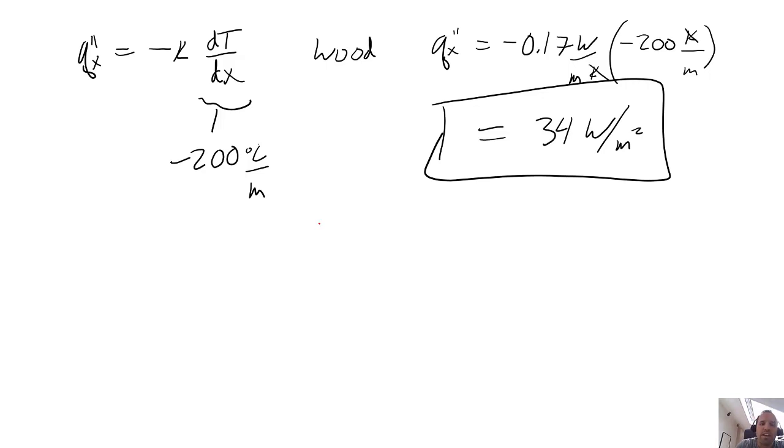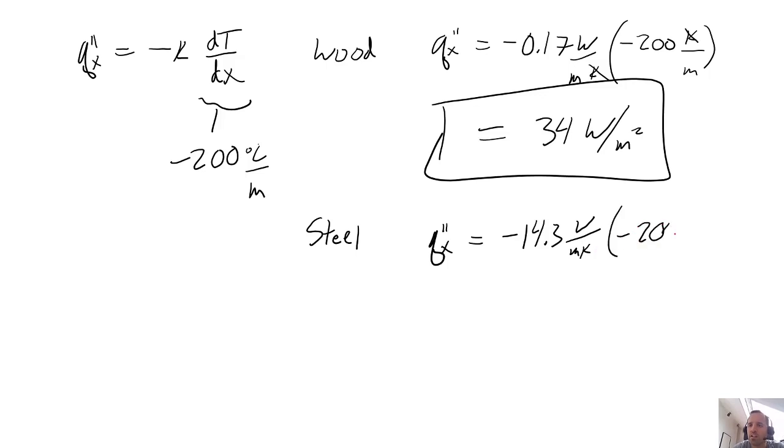So let's look at the steel wall. It has a much higher thermal conductivity of 14.3. If we apply Fourier's law here, we get minus 14.3 watts per meter Kelvin multiplied by the same temperature gradient, minus 200 Kelvin per meter.